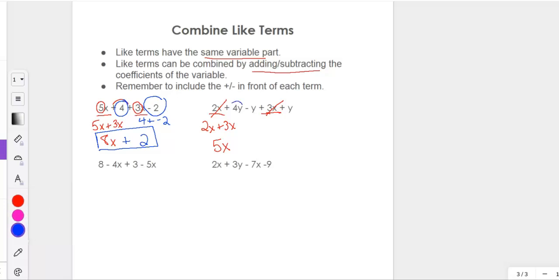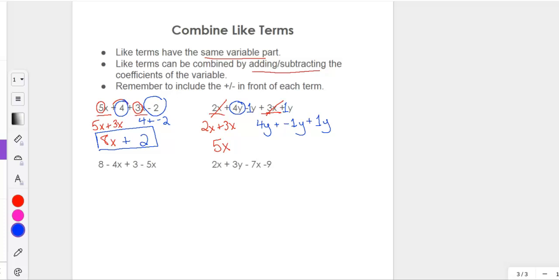Then I'm going to take my y's. I have a 4y. And remember, when there's no coefficient there, that is a 1. We talked about that last class. So there's an imaginary 1 in front of this, and an imaginary 1 in front of this one as well. So I have 4y plus a negative 1y, because there's a negative right there, plus 1y.